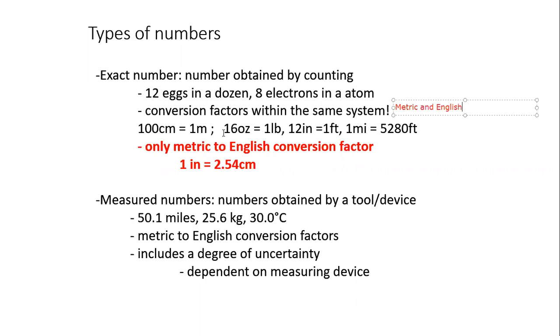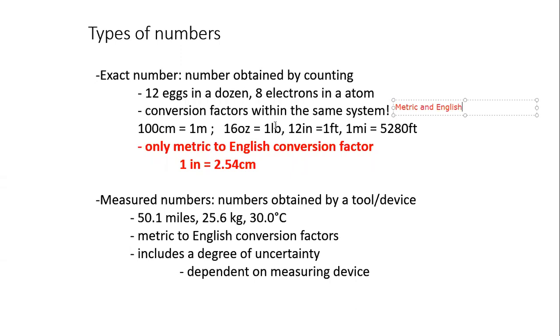Likewise, with English conversion factors or standard, which is what we use mainly in the US, we know that there's 16 ounces in 1 pound. So both ounce and pound are the English standard system. So this would be an exact conversion factor.